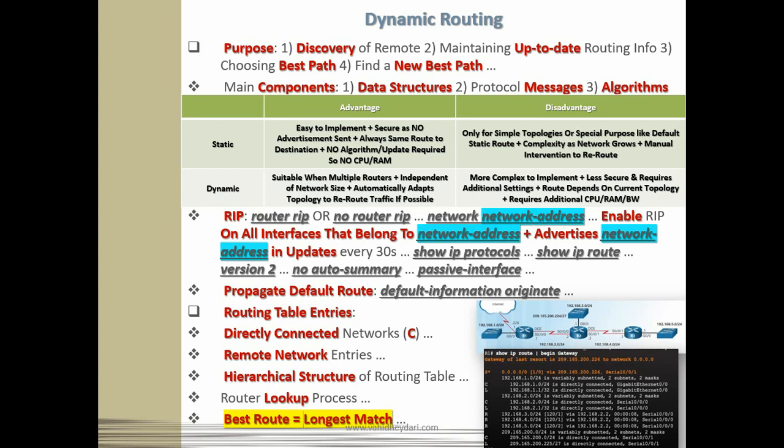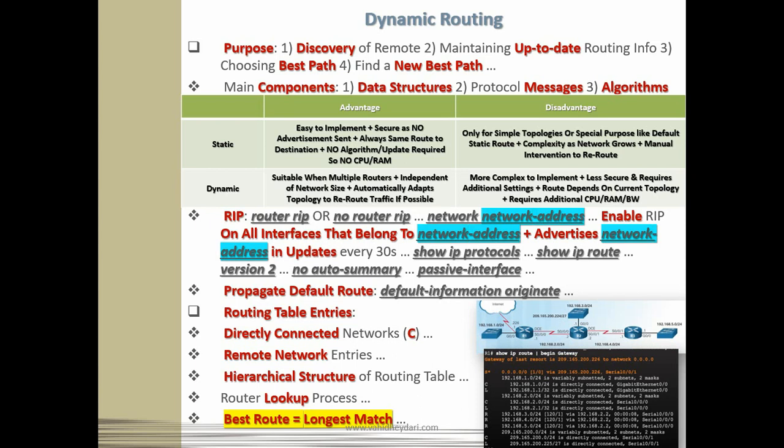These were information that basically L and C routes are having inside the routing table. But as you can see with other route sources like R for RIP in this case, more information is displayed and we want to analyze that information as well.